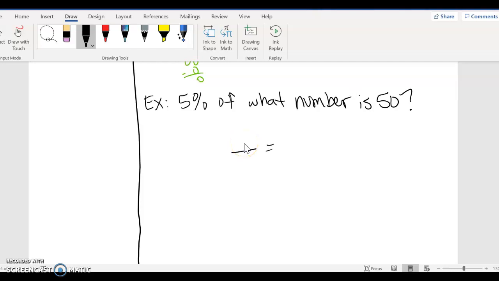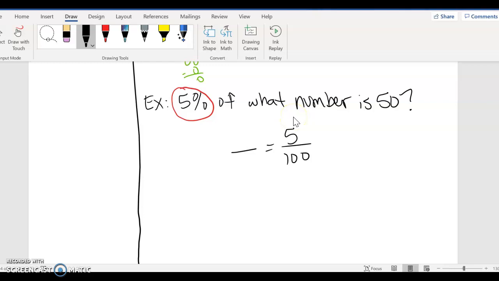So again, I'm going to set up my outline and fill in 100. Okay, and then I start looking through to see if we have a percent anywhere, and we do, right there. Okay, so that 5 is going to go over 100.